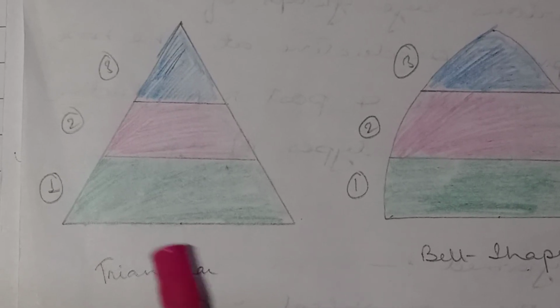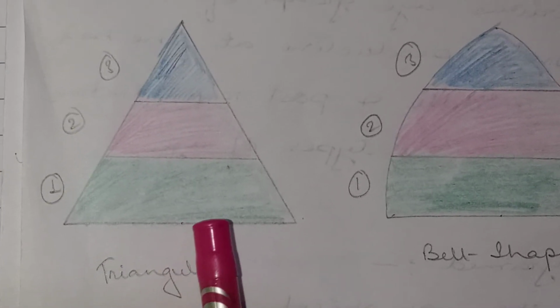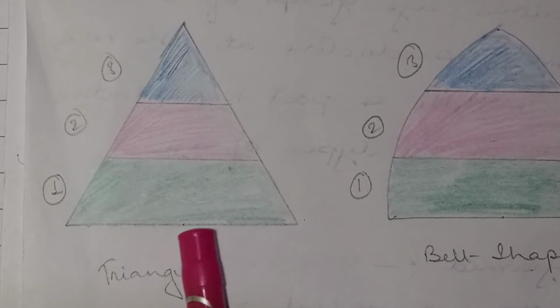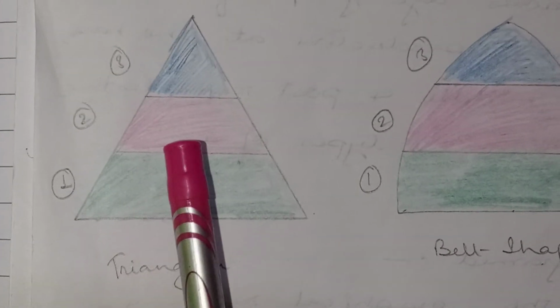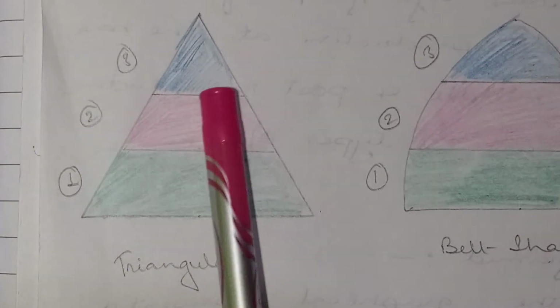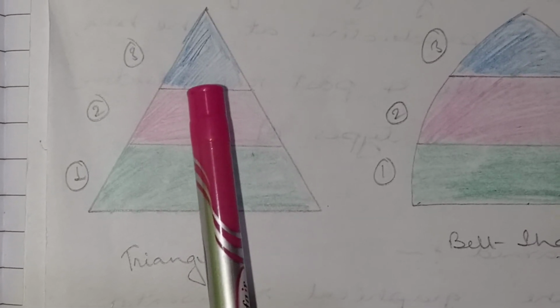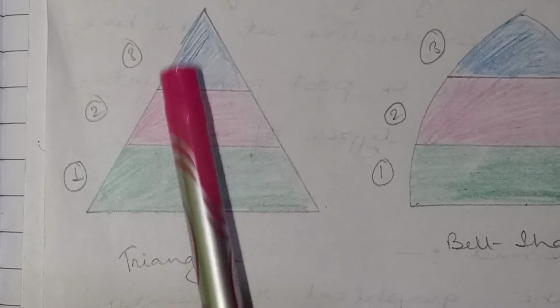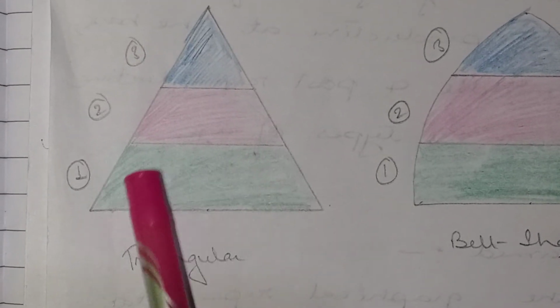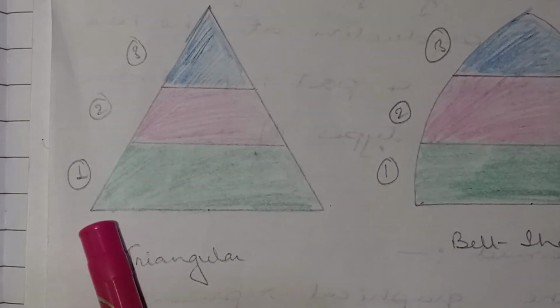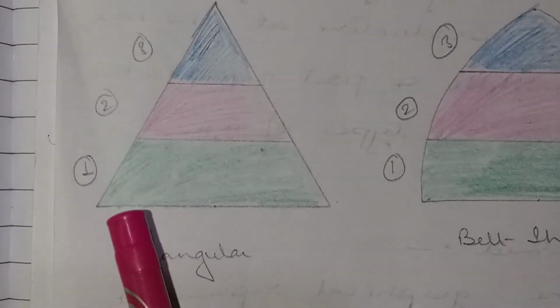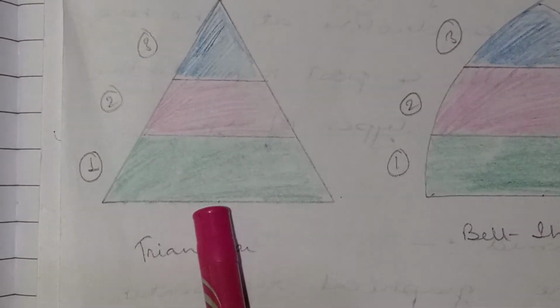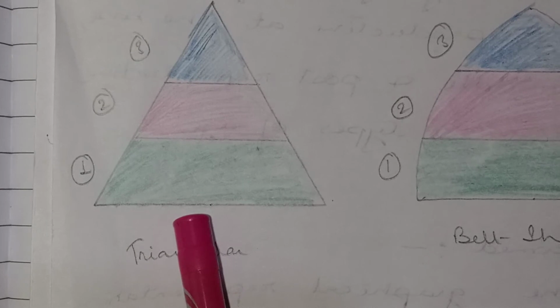When the number of pre-reproductive individuals is more, it is placed at the base; comparatively reproductive are fewer, and at the top are the fewest, the post-reproductive. The expanding population can be graphically represented by a triangular pyramid.